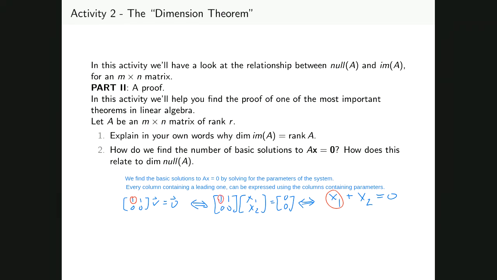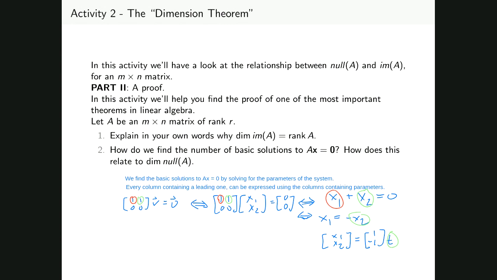So when we solve, we get that x1, x2 must look something like this, or any multiple of this, so we could add a parameter there. So this entry, which was not a leading one, turned into this parameter.